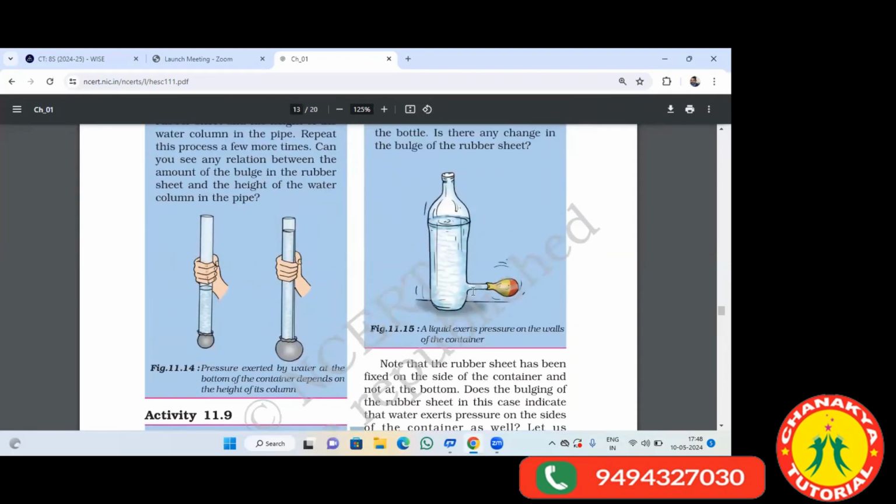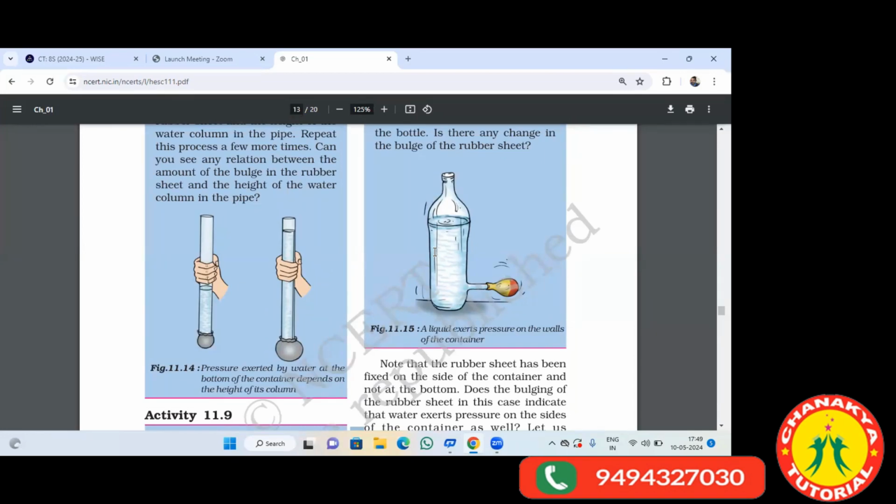So what happened here? When water is filled in this, due to the pressure of the water, this balloon expands. So on whatever side you put this straw, the balloon will expand, showing that pressure is exerted. Pressure is exerted due to the potential head of the water.